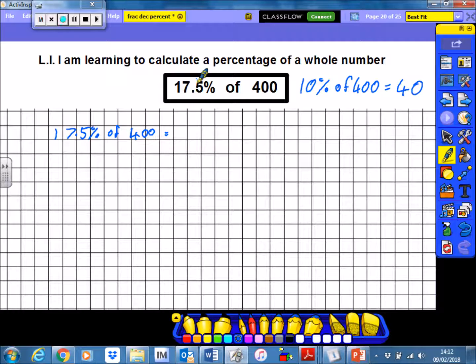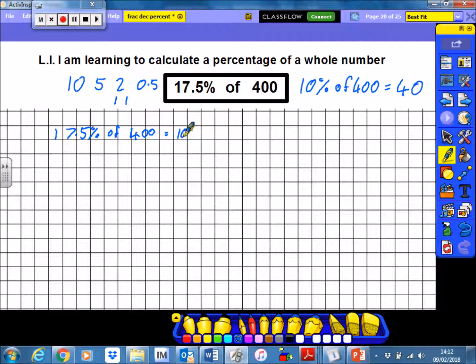Well, there's different ways of doing it. I could do it as a 10, a 5, a 2, and a 0.5. Or I could do it as a 10, a 5, 2 1s, and a 0.5. Either way is valid. I'm going to choose the top method.